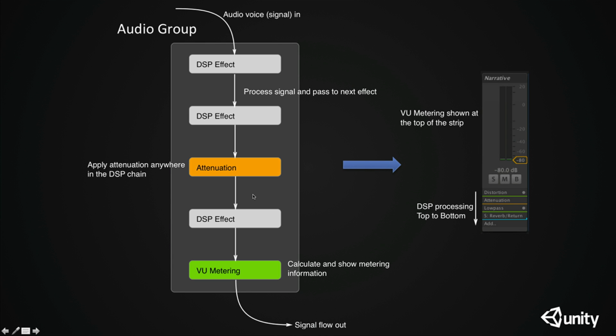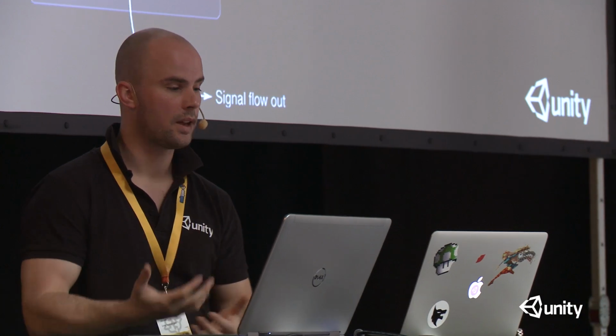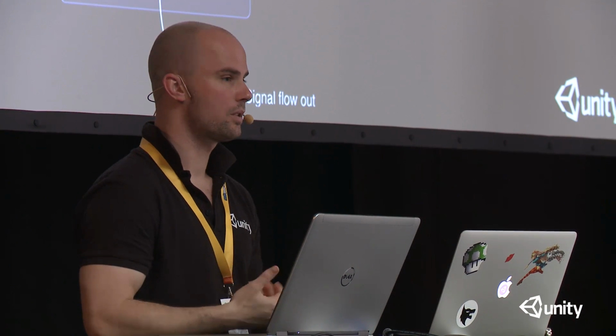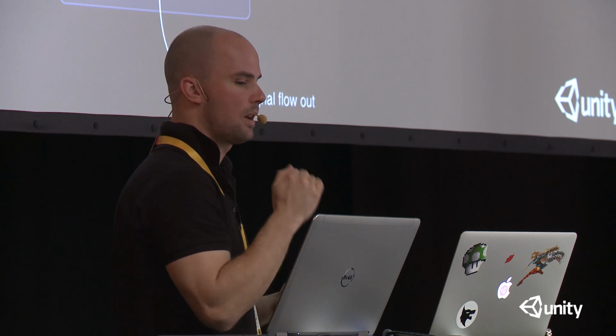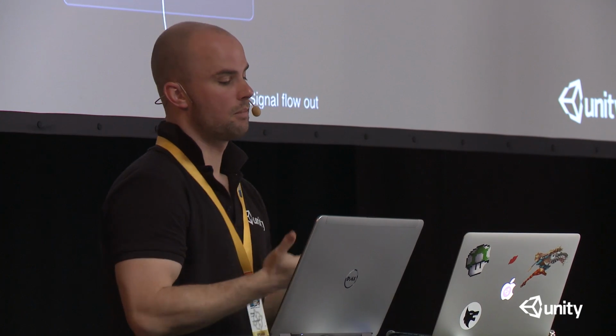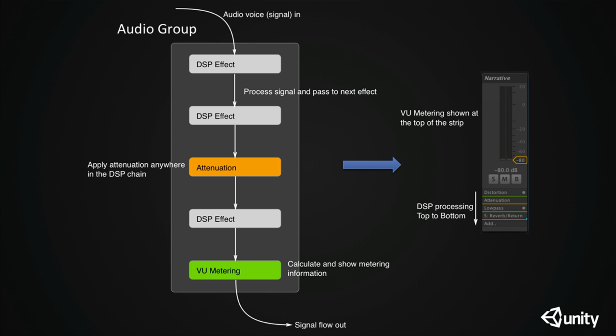So the voice is coming through the top. We're applying some effects, maybe another effect. Then we're applying the attenuation, the volume, at that point. Maybe some more effects after the attenuation. This is really important for nonlinear effects like distortion. And then we take some metering information so that we can show you what's happening during playback. And then that gets passed out into the next group, and so on and so forth.